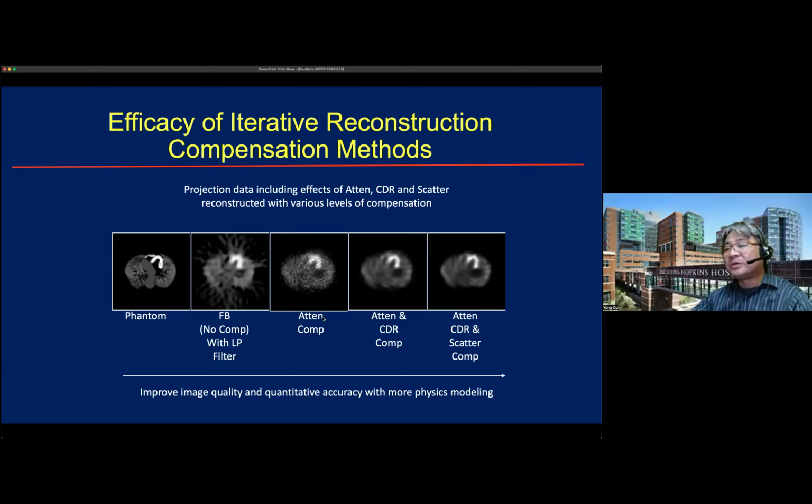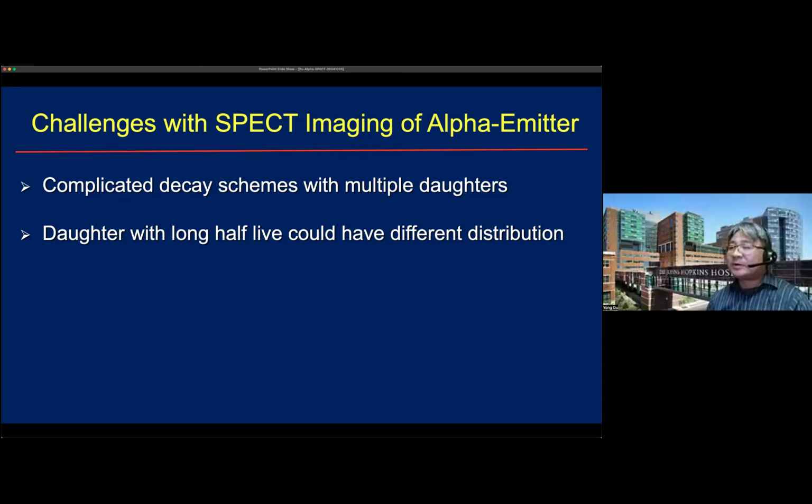Some of the daughters may have a long half-life, and once they decay to a different element, they can detach from the original radiopharmaceutical and become free ions in the body. Those ions can redistribute, accumulating in the kidney and causing additional damage. So we need to know the distribution not only of the parent radionuclide, but also of the daughter radionuclide to calculate the dosimetry and the toxicity.